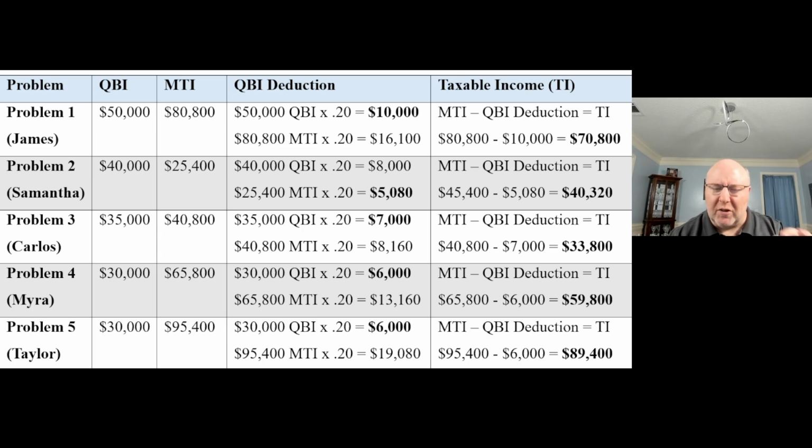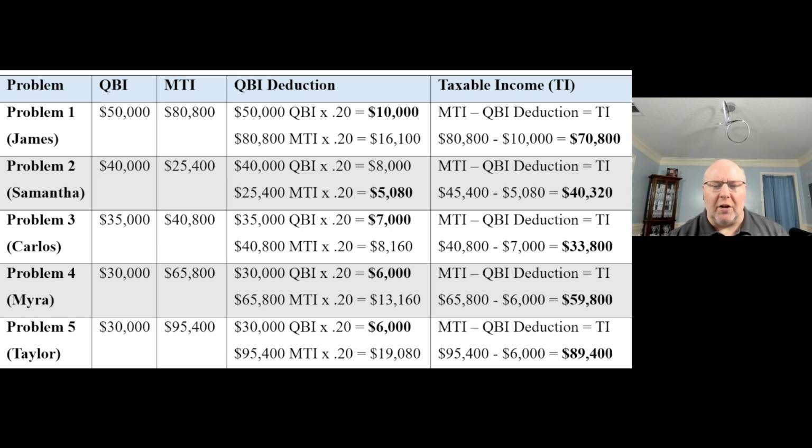So this one was just a little bit different because we had those capital gains. Remember to add back capital gains when you're getting to taxable income. The capital gains are still subtracted when you're figuring out whether you're within the thresholds for the modified taxable income, and they're also subtracted out when you're figuring out your QBI deduction, your 20% of QBI or your 20% of modified taxable income. We only add it back for the final step.